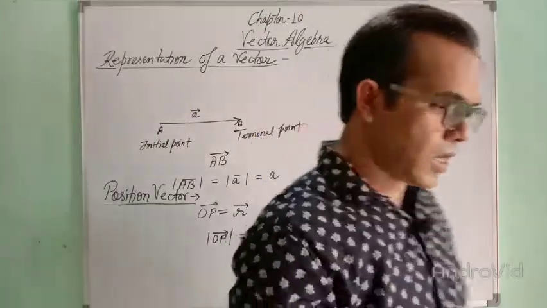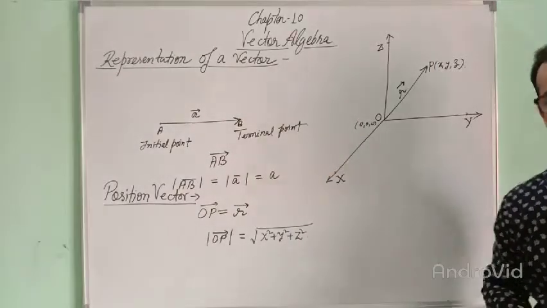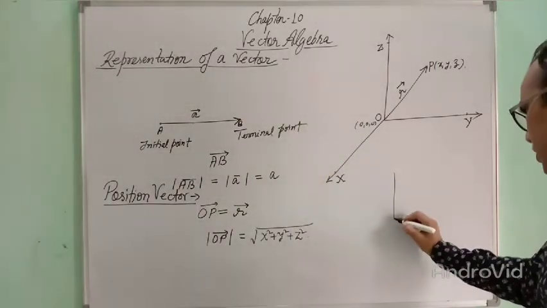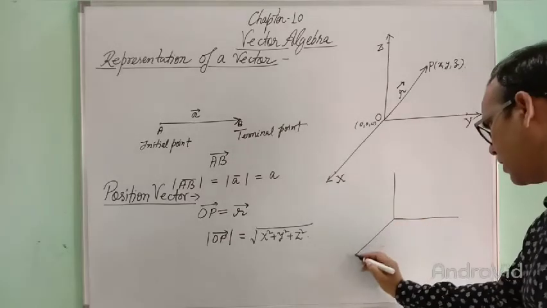Now let's suppose there are several points A, B and C in a three-dimensional right-handed rectangular coordinate system.